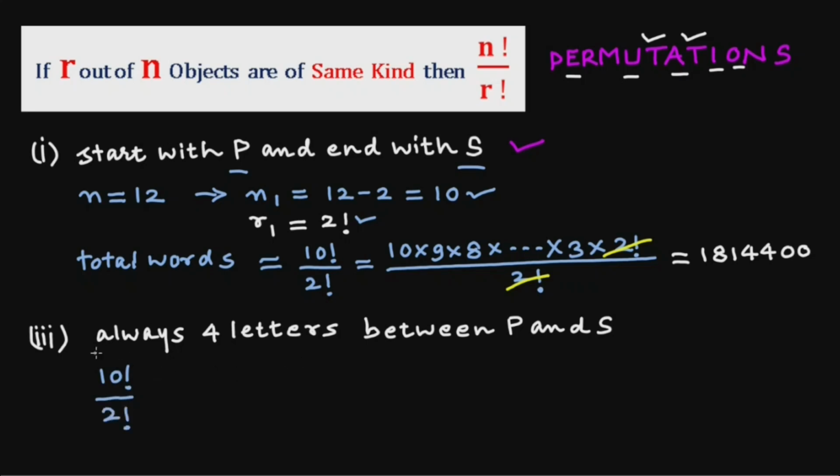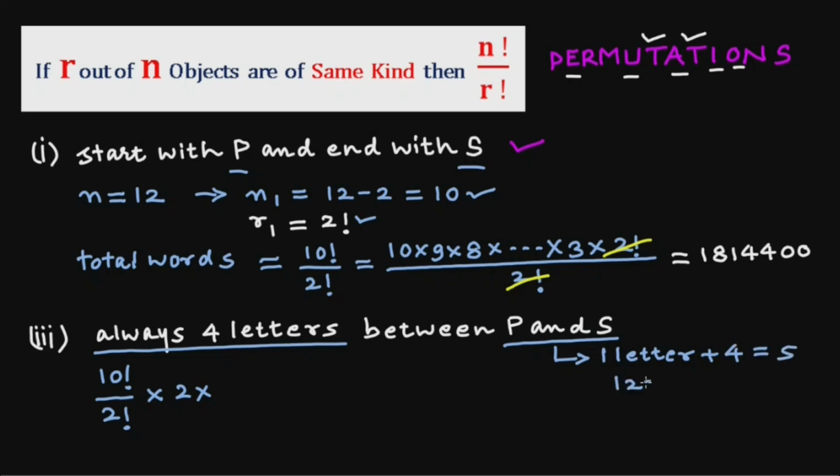Next, it is said that always 4 letters between P and S. So multiplied by these 2 letters, we consider the set of these 2 letters P and S to be a single letter, that is one letter, plus the 4 letters which are going to come between them, which will be 5, and 12 minus 5 is 7. So here we have to multiply by 7. So these many words will have always 4 letters between P and S, and this calculation works out to be 25401600.